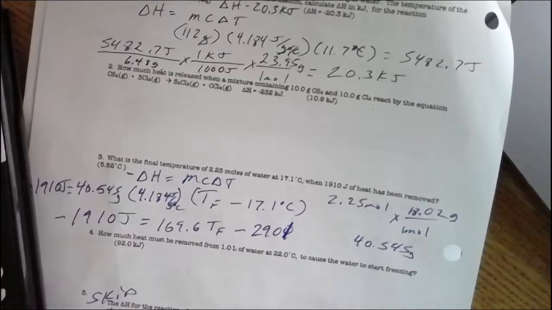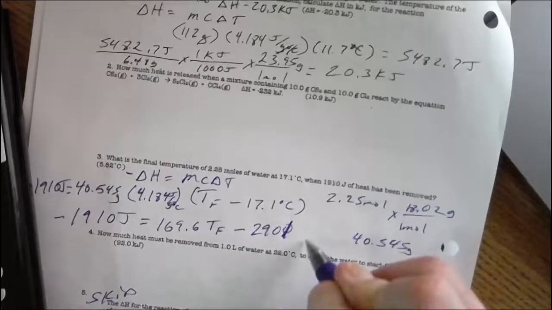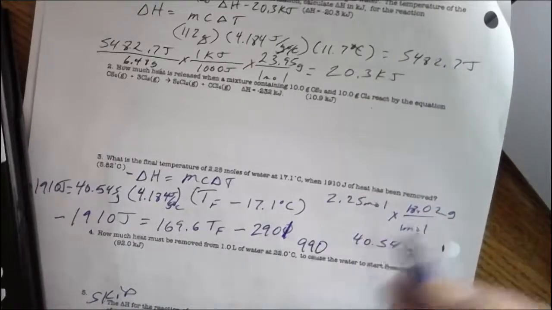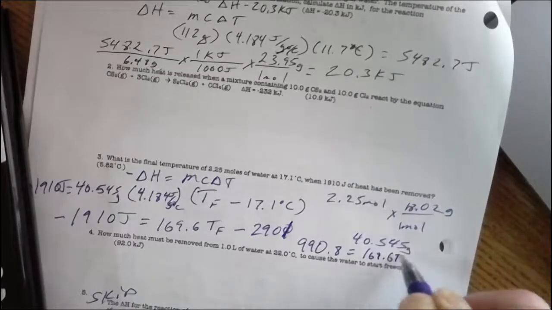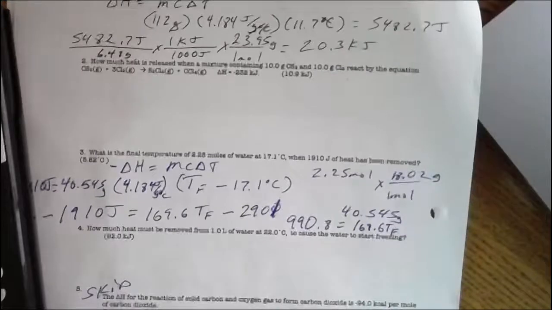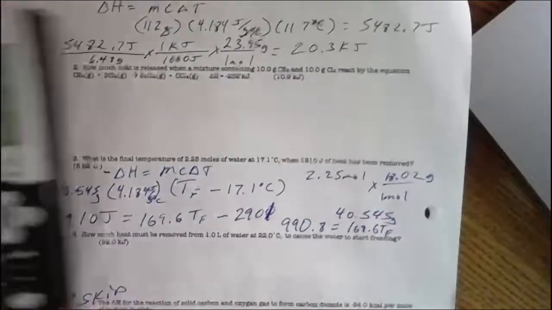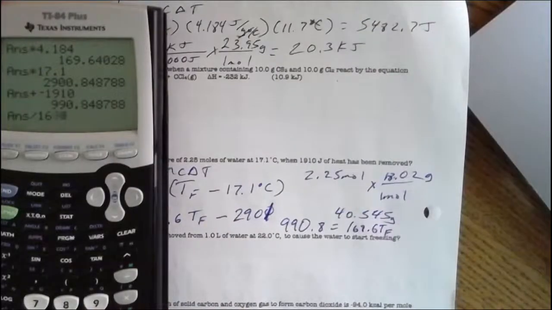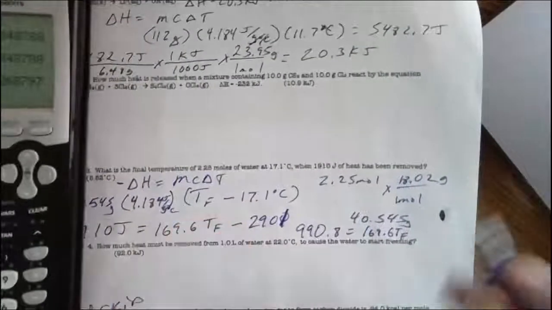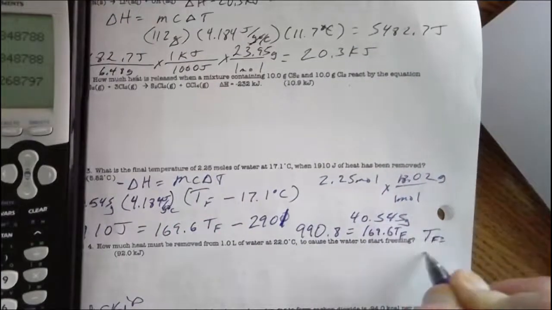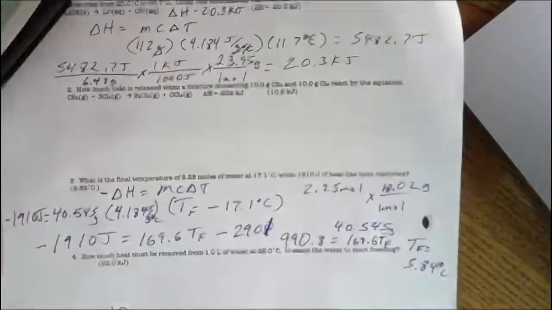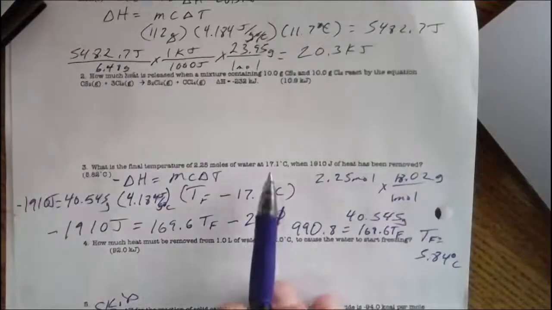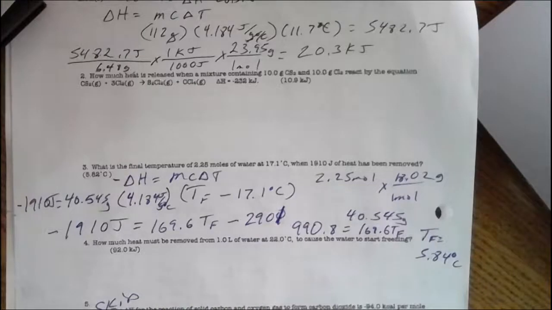Plus negative 1910. It gives us 990.8 equals 169.6 T of F. How do we solve for T of F there? We divide by 169.6. We get 5.84. T of F equals 5.84 degrees Celsius. That's the final temperature if we remove that energy, which makes sense. If we were at 17 and we remove this energy, the temperature should go down.